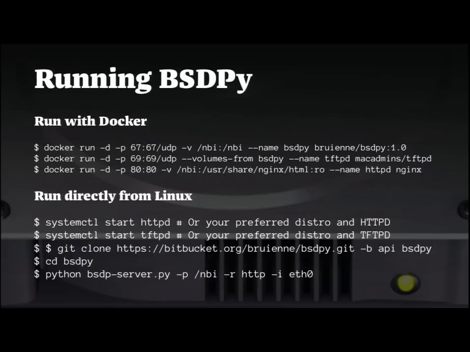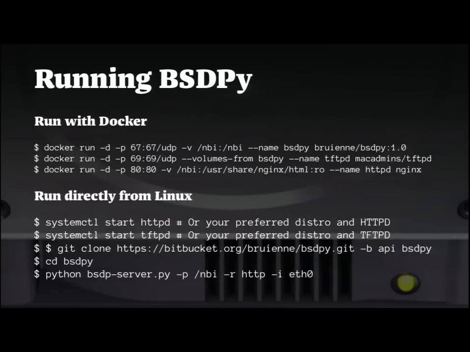Nginx is a nice, small, powerful web server optimized for file transfer that we're also hooking into our local NBI directory where we store all of our NetBoot images. And pretty much off to the races.